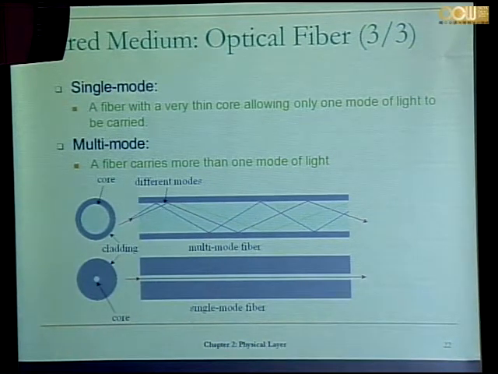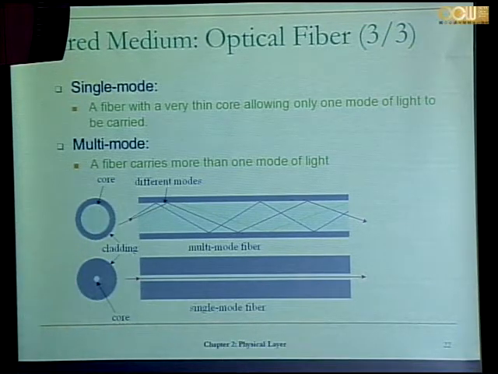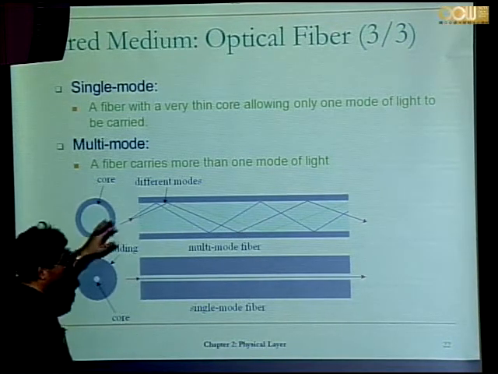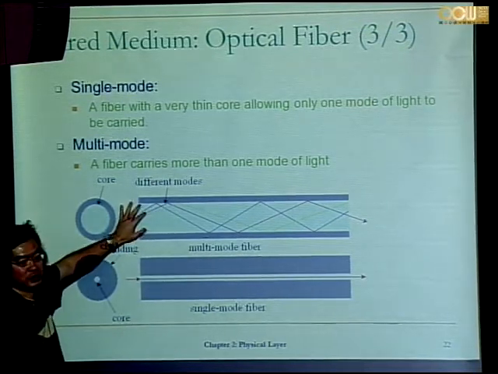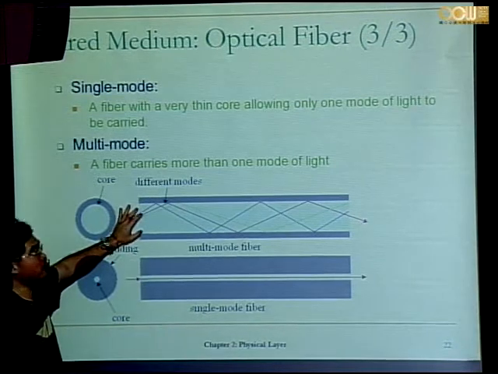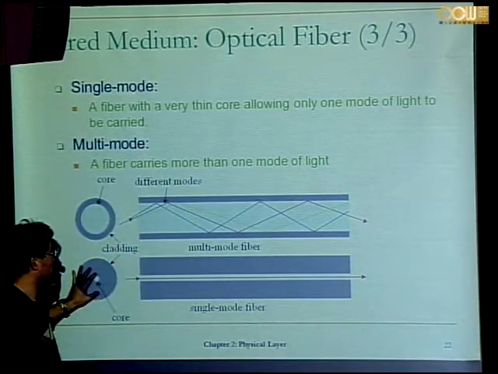However, this kind of internal refraction will degrade the signal, because every time you have refraction, you lose some energy. So the signal quality on multimode fiber would not be as good as this kind of fiber.